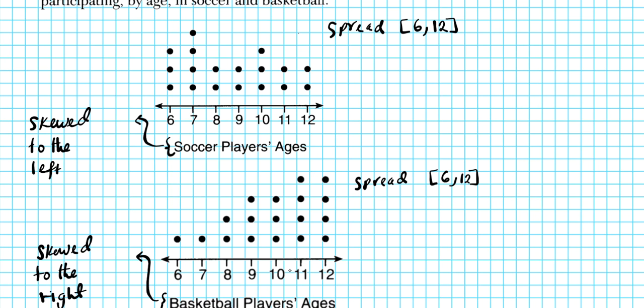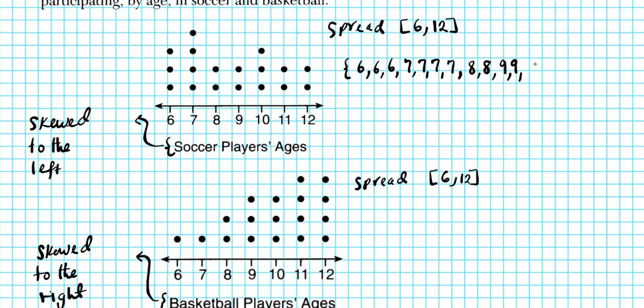Let us start with the soccer player ages. We have 6, 6, 6. For 7, we have four sevens: 1, 2, 3, 4. Then we have two 8s, 8, 8, and two 9s, 9, 9.